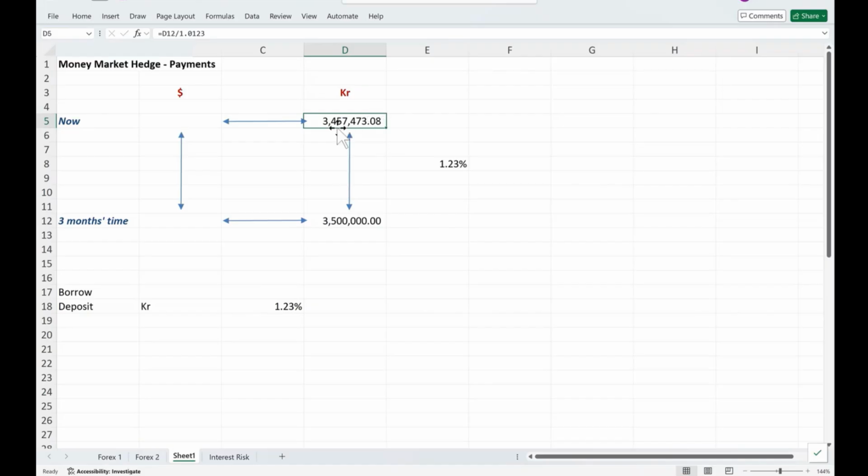That means we need this many kroner today. If we have these kroner today and deposit at this rate into a kroner bank account, after 3 months it will be exactly equal to this. We can prove it.